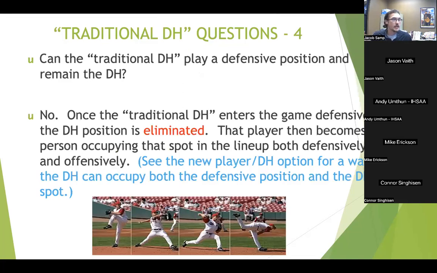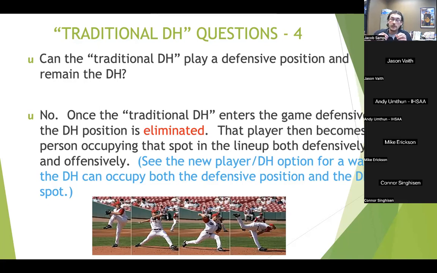Under the traditional designated hitter rule, can the traditional designated hitter take up a defensive position while remaining the designated hitter? No. That is going to be contrasted by the player DH rule, and we'll talk about that in a couple minutes.